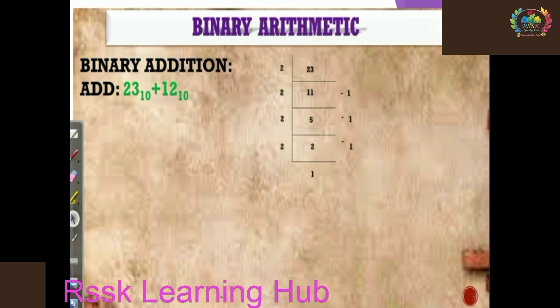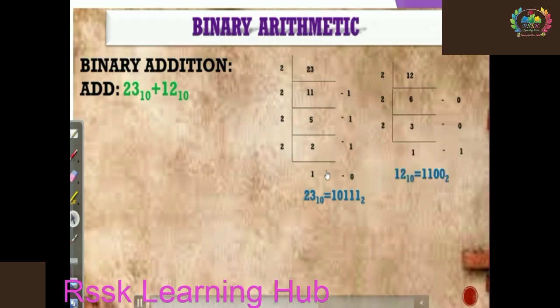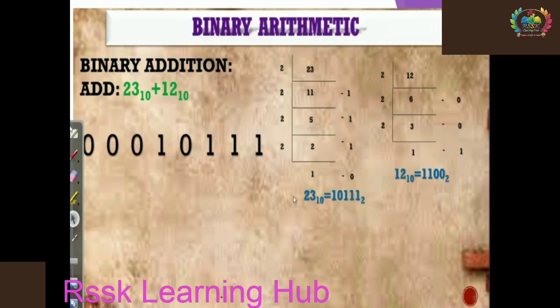After this you may get the value 1 0 1 1 1. From down to up, I already explained to you. The same thing you have to follow here. Similarly write for 12 also. So 1 1 0 0 to the base 2.